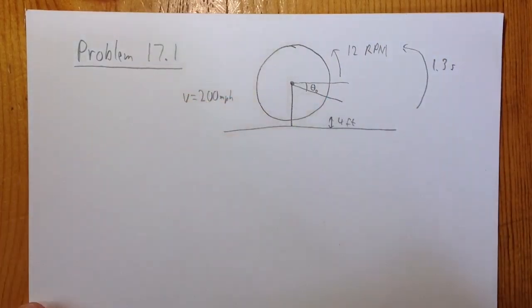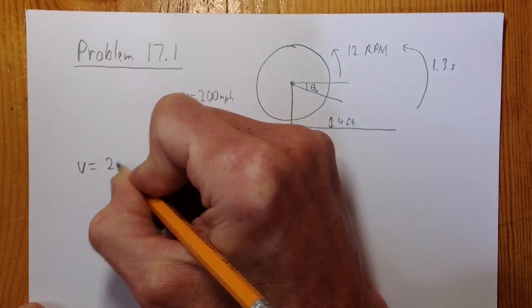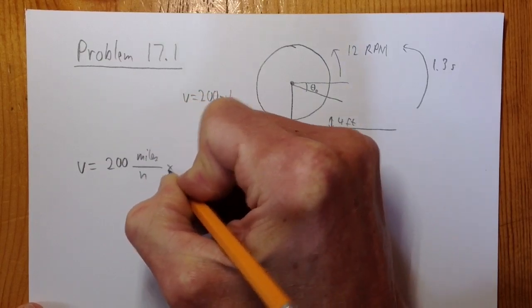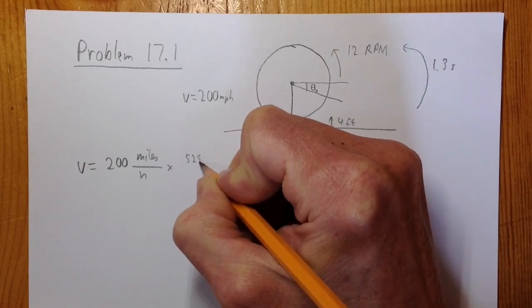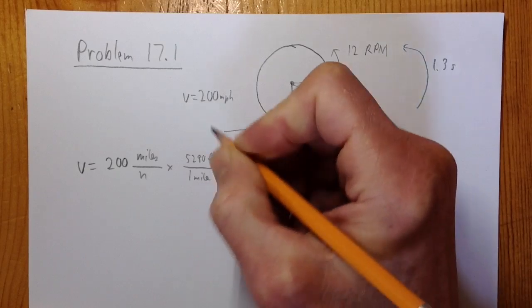So let's change miles per hour. Our velocity is 200 miles per hour. We want feet per second, so we know that 5,280 feet is the same as 1 mile.